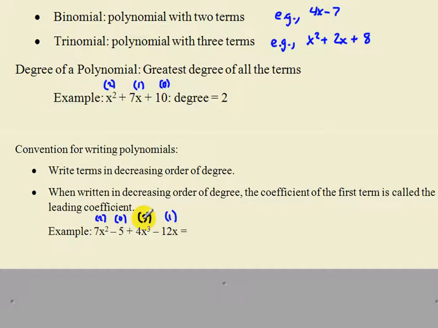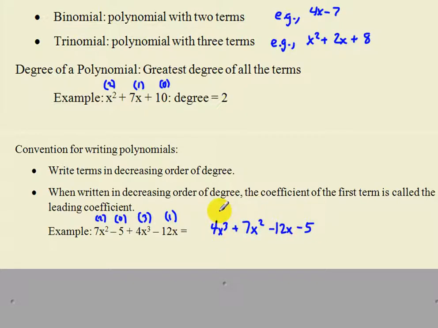So we want to start with degree 3, so 4x cubed should go first, and then degree 2, 7x squared. It's positive, so we add 7x squared. Degree 1, we have a negative 12x here, so minus 12x. And then finally our constant, degree 0, -5, or minus 5.